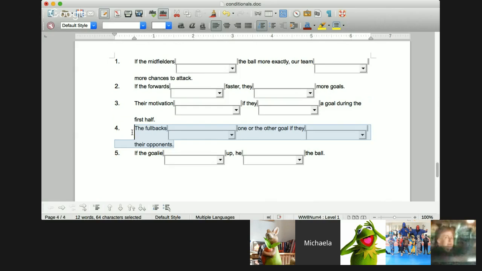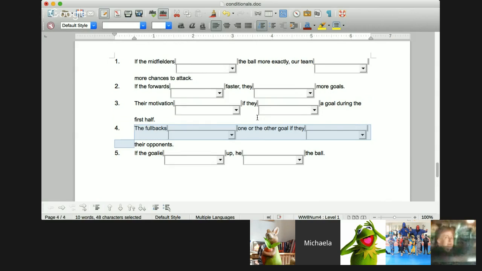Yeah, okay, so it could be had won if we didn't have the rest of this. So the fullbacks would have scored one or the other goal if they had won. Now this is kind of a funny sentence because it's a little bit backwards.